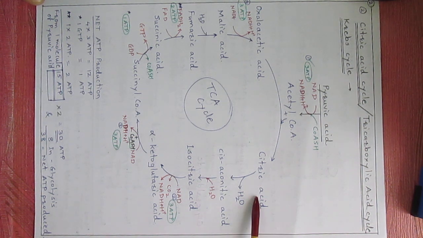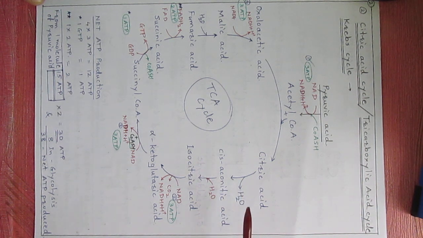From this citric acid, a water molecule is removed, and due to which it is converted into cis aconitic acid. Again hydration takes place to form isocitric acid.